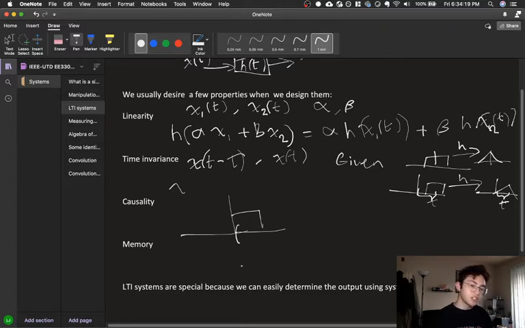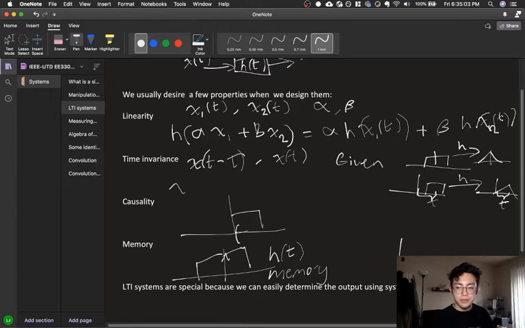So a system with memory is typically going to be a system that has values outside of 0. It will involve values of x from the past or present. If a system is represented by its impulse response h, then we'll have values on the left or right side of the impulse response if it has memory.